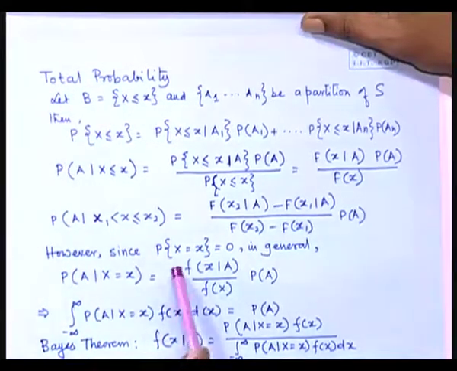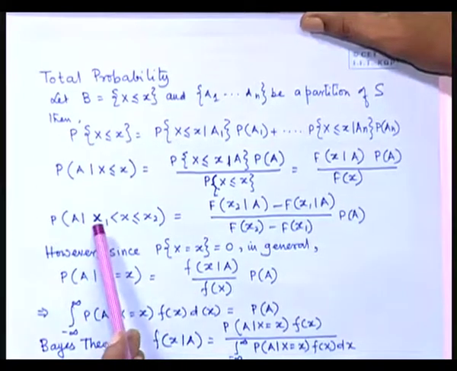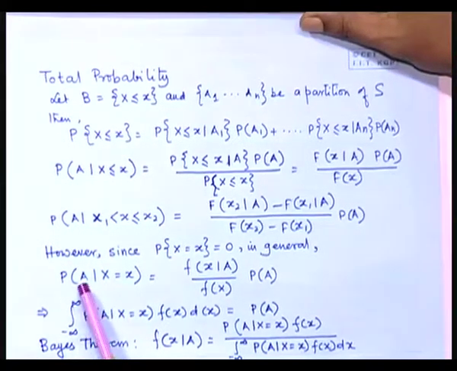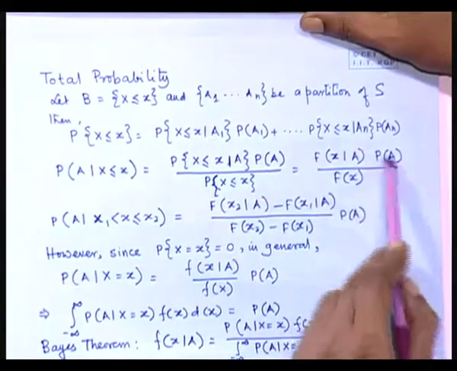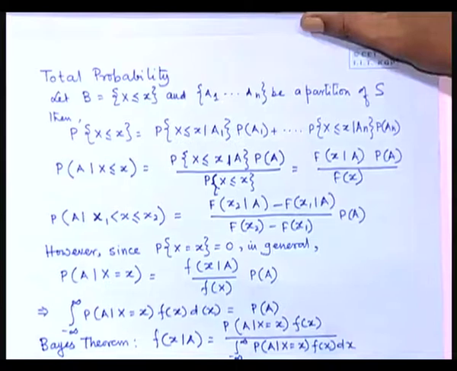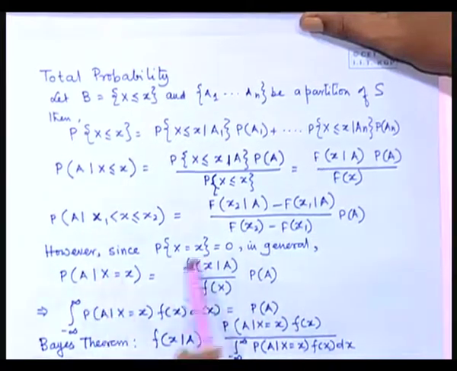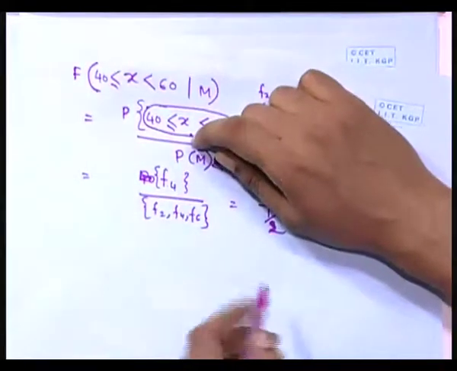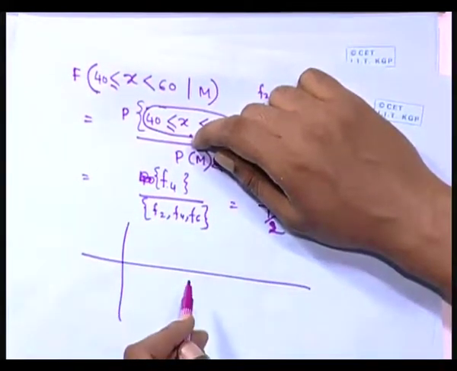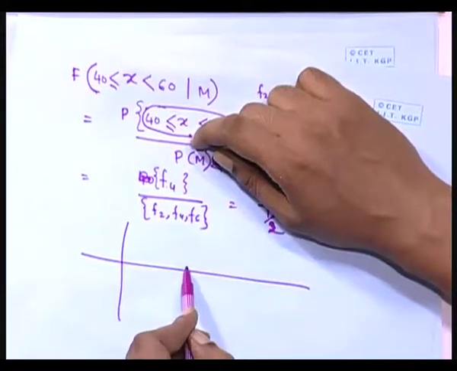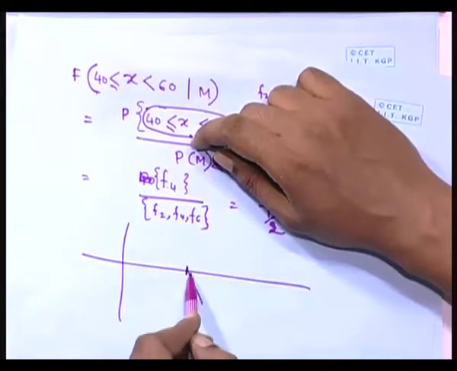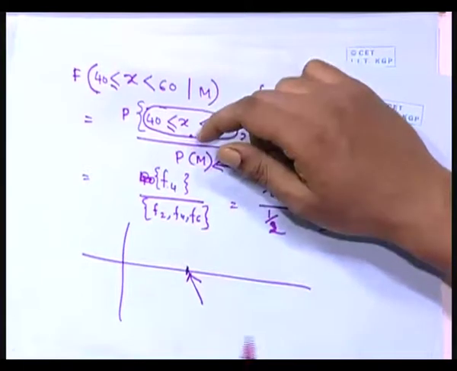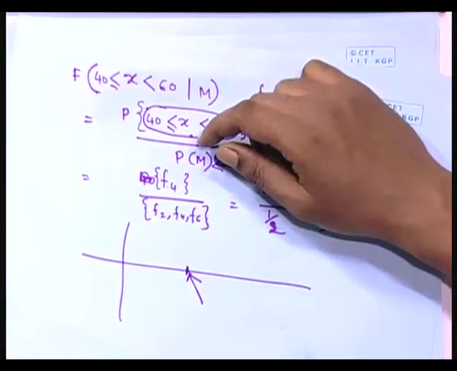Only thing is that here there is a subtle problem, because you cannot define probability of A given X is equal to x in this form, because you cannot write it in terms of probabilities, because when you have a real line, real variable, for example, then the probability of x having a particular value is actually 0, when it is infinitesimally small.